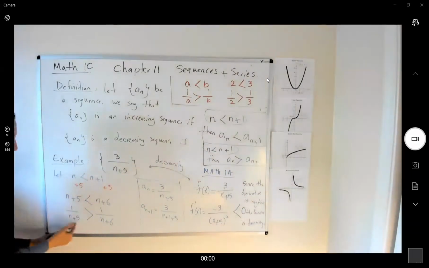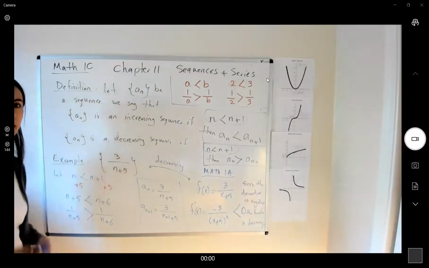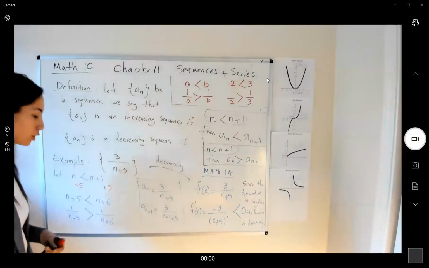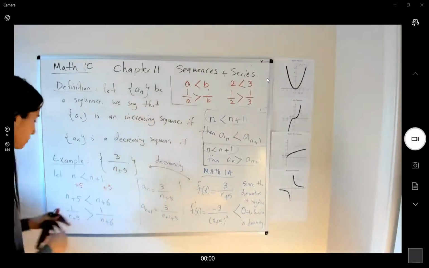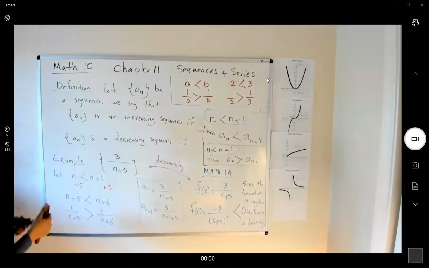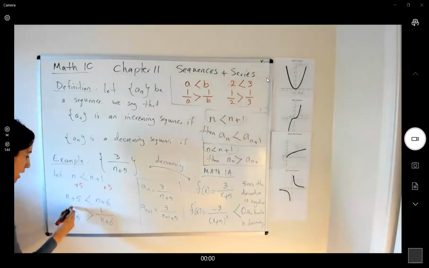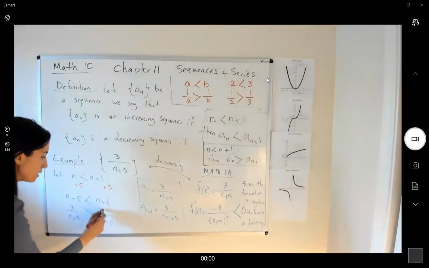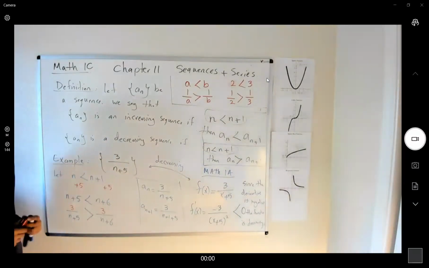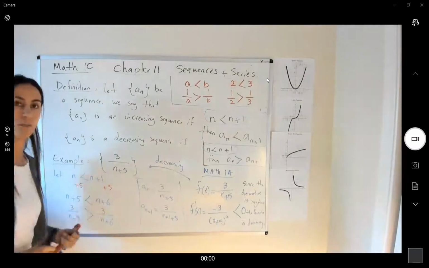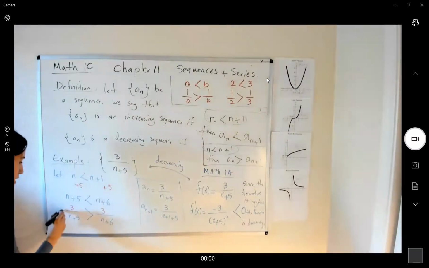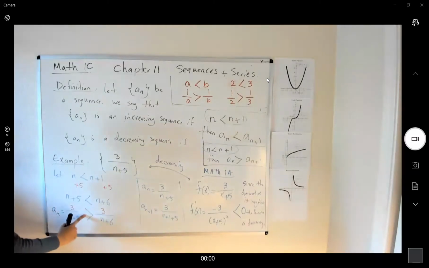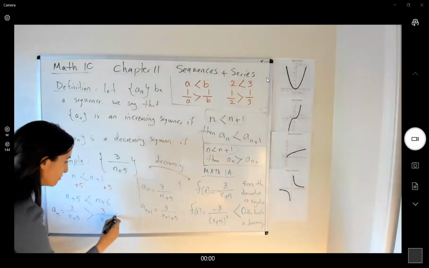It's not completely the same as my a sub n, so I'm going to multiply these by 3. So I get 3 divided by n plus 5 greater than 3 over n plus 6. a sub n is 3 over n plus 5, so I have my a sub n greater than a sub n plus 1.